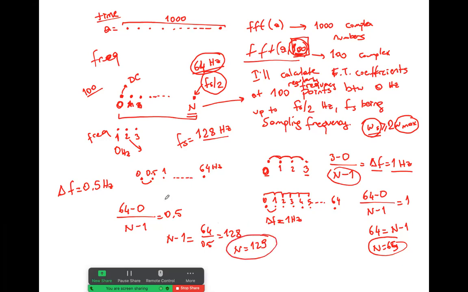If I want 0.5 resolution in my FFT, then I need to write FFT of a comma 129. The first one is the DC, 0 hertz. The last value corresponds to half of my sampling frequency.